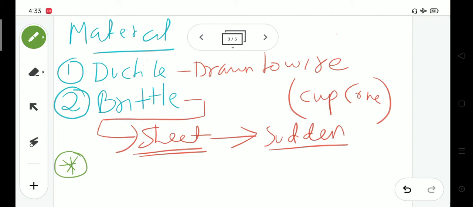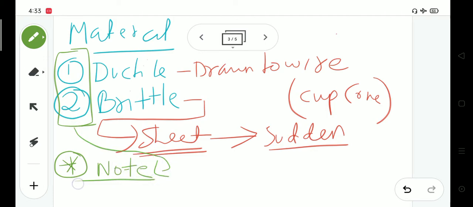Every material has both qualities, both properties. You cannot say mild steel is completely ductile or chalk is completely brittle. There is a graph of ductility and brittleness.